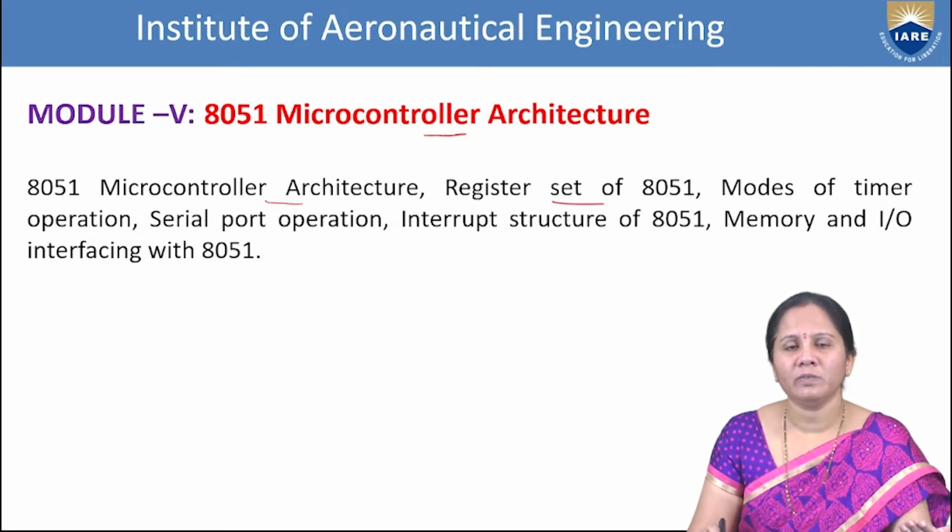Next we went for the register set of the 8051 microcontroller. We saw the different registers available, like the general CPU registers A and B, timer registers like TCON and TMOD, serial communication registers like SCON, SBUF, and PCON, and interrupt registers like the IE register and the IP register, that is, interrupt enable and interrupt priority.